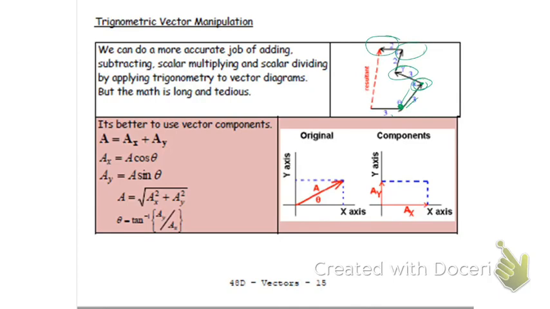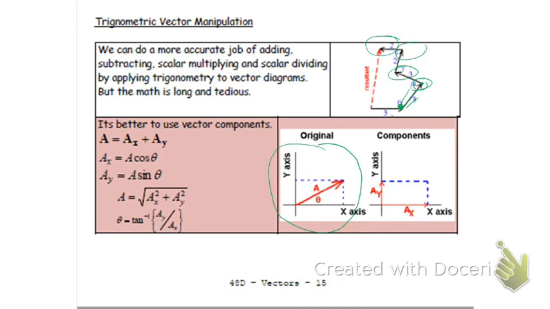Let's say we want to get better at this so we have numbers we can be much more precise about. We need to use math, and the math we're going to use is trigonometry. So what's going on here? I have an original vector, and this vector happens to be in that direction with that size. The rule is I'm going to take all my vectors and break them up into the x component and the y component.